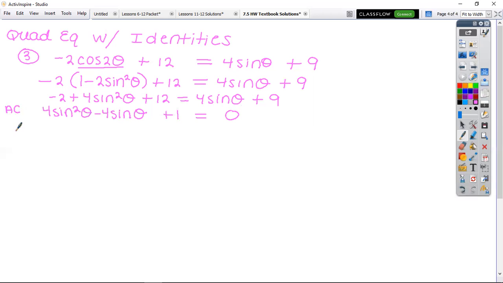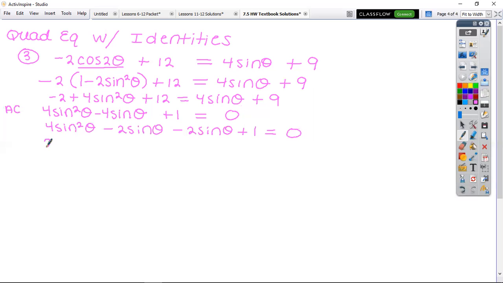So I go multiplies to 4, adds to -4 would be -2 and -2. So -2 sine theta minus 2 sine theta plus 1 equals 0.